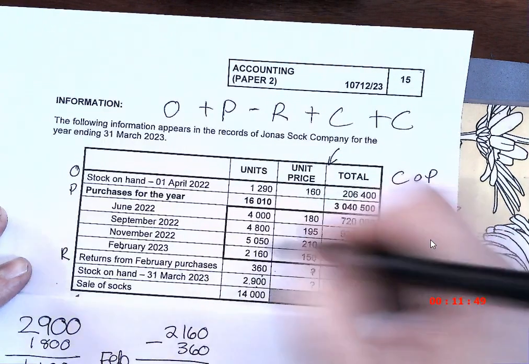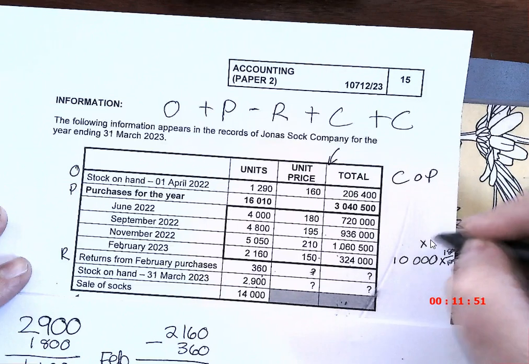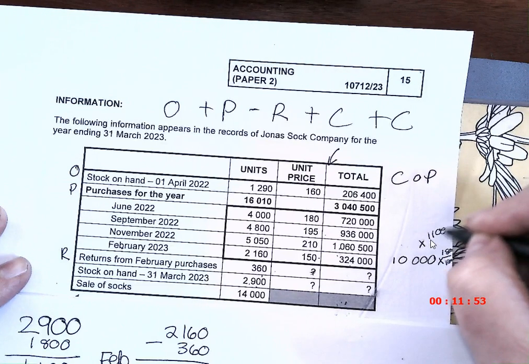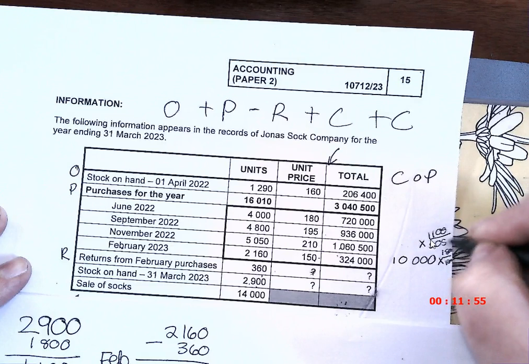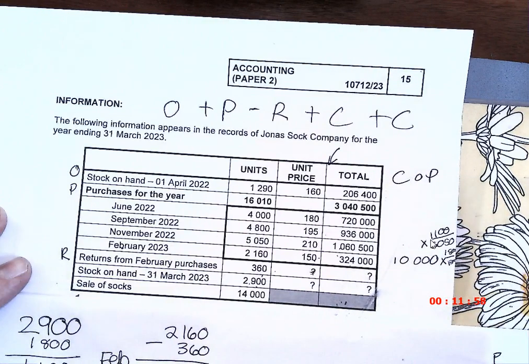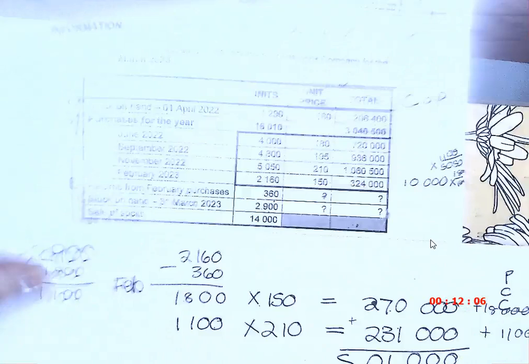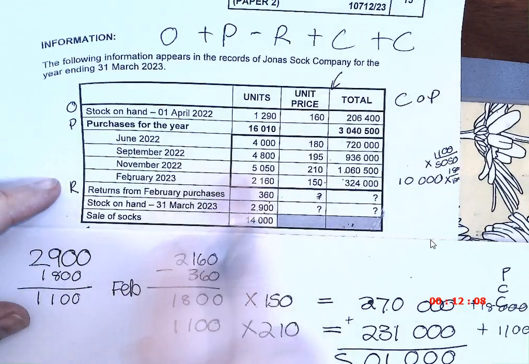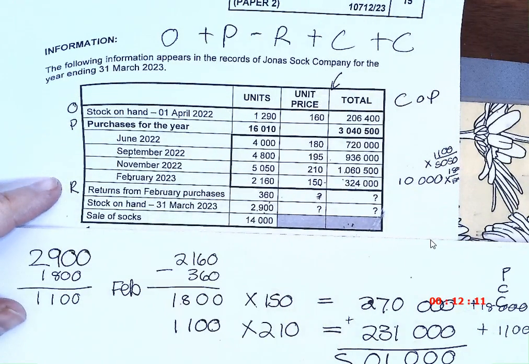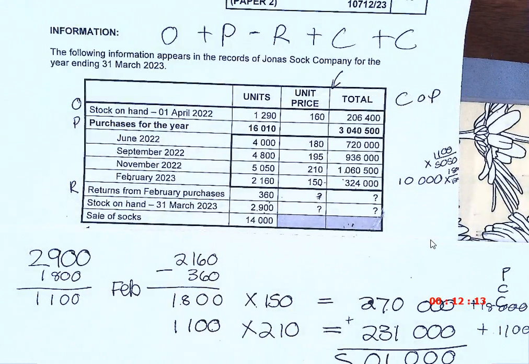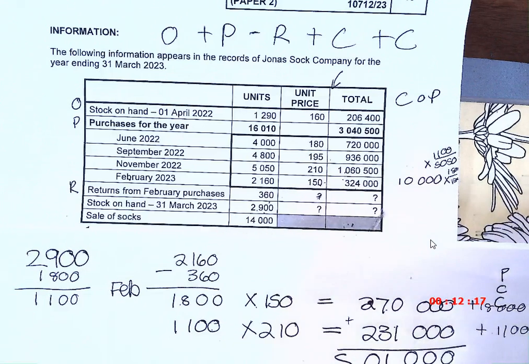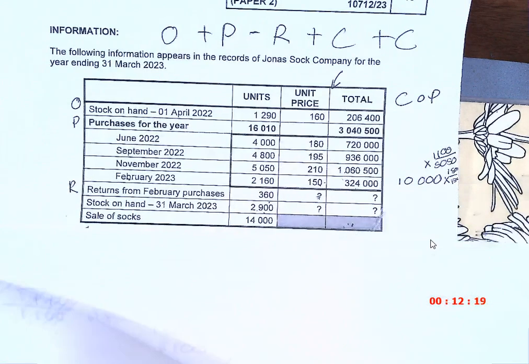But here I would say times 1,100 units over 1,800 units. Does that make sense what I'm saying? Because you only want to take into account the carriage for the products that you are valuing, not the total, because some of it you already sold. So it's taken into cost of sales. Is your question answered? Okay, next one.